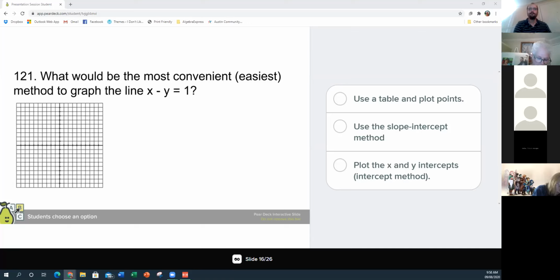I'm getting all kinds of answers here, and that's good. But I'm going to ask someone to explain each part, because I see people picking all three of these, and that's fine.